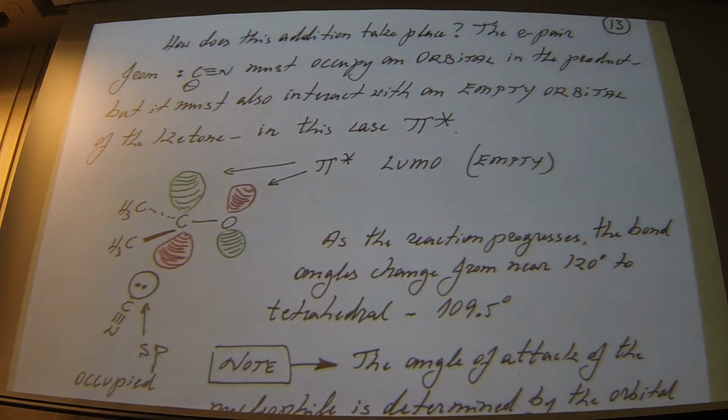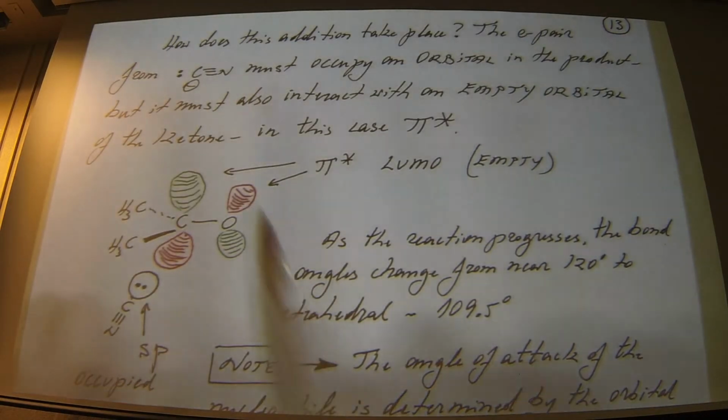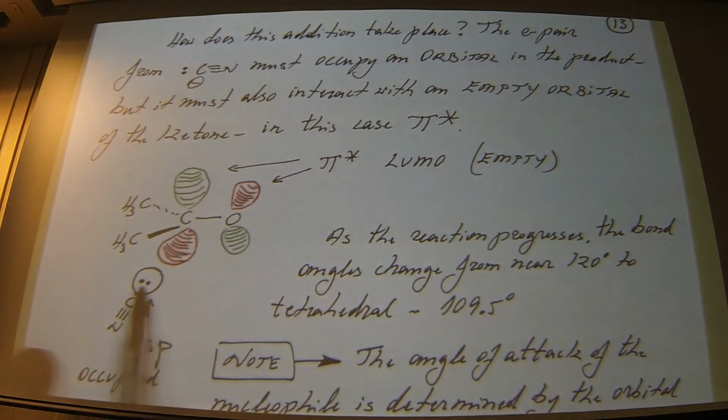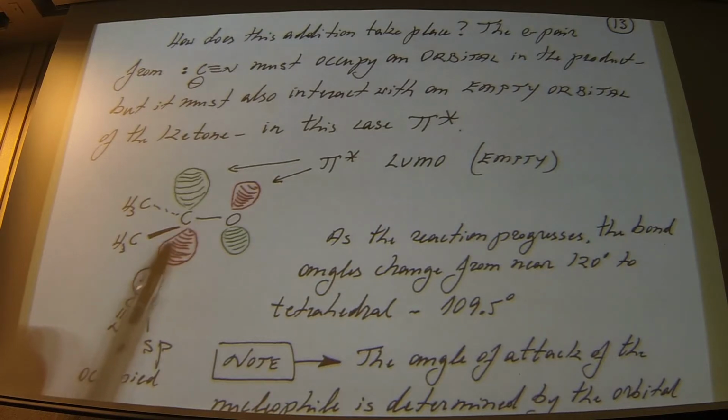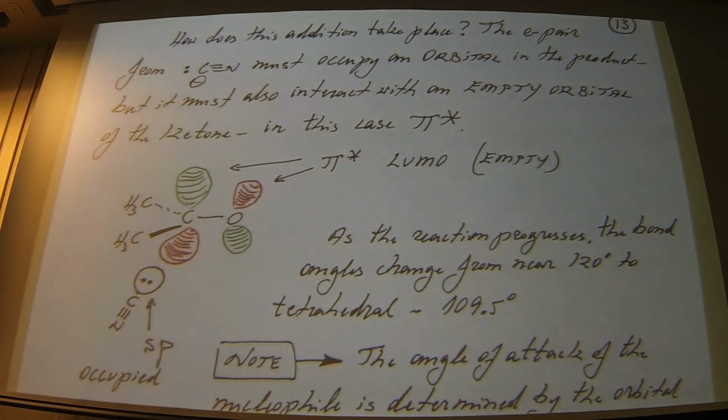So electrons exist in orbitals, right? And the only orbital that it's going to see that has room in it is going to be the pi star. So here's what happens. This electron pair, so the cyanide approaches this carbonyl along a vector that is roughly 120 degrees, okay? And it does that because along that vector, you get the best electronic overlap.